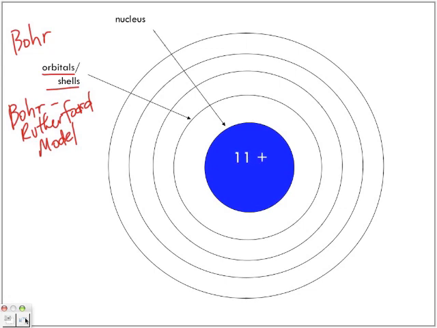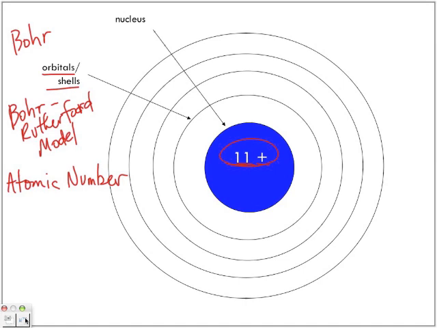Next, in the nucleus, we've been able to find that there are protons. In this example, we are going to write down 11 protons. If we have the number 11 protons, or 11p, as you might see it in a textbook or your notes, that represents the atomic number.